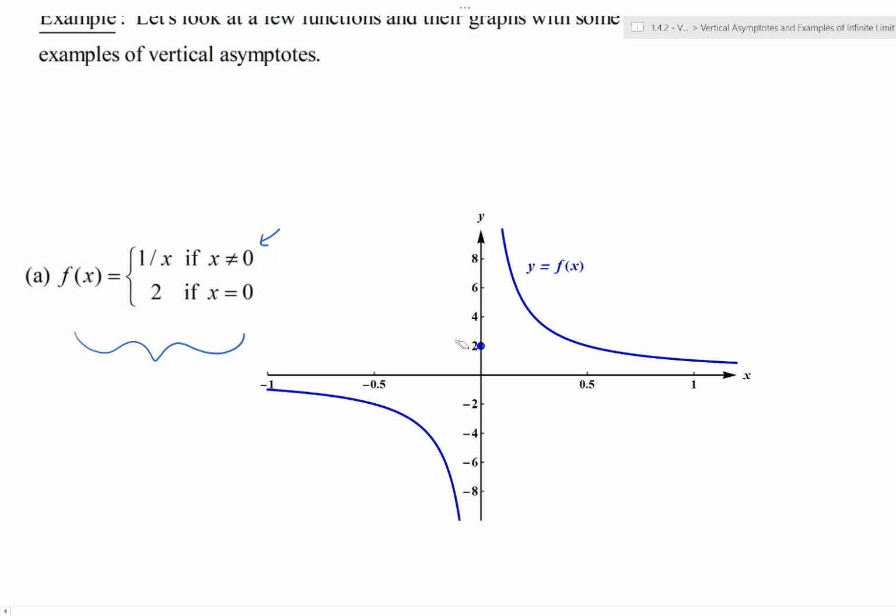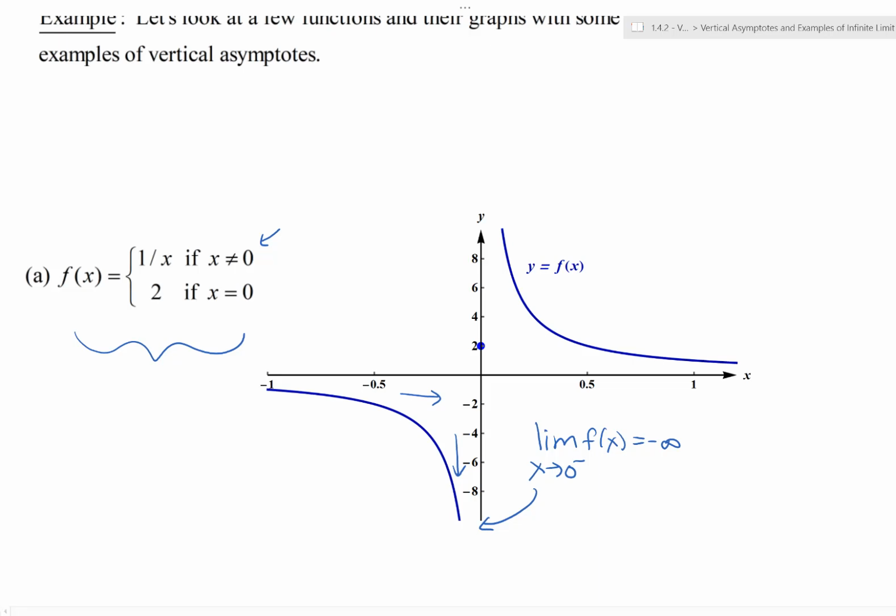Now, even though the function is defined here, it doesn't really play a role, because the whole point is to show that in this situation, the limit as x approaches 0 from the left of f of x is negative infinity. That's that behavior right there. We're approaching 0 from the left, and the function is going down towards negative infinity.